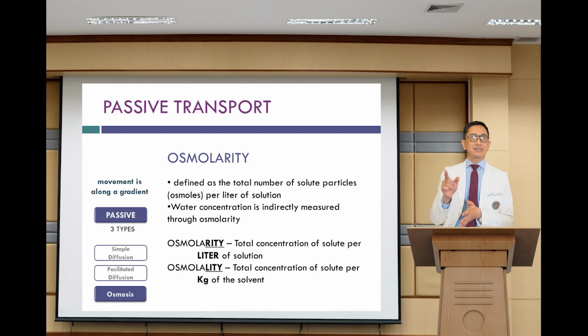Osmolality is the total concentration of solute per kilogram of solvent. So what do we use as a unit? We use osmolality because this is the one that is not affected by temperature. So in your next lectures, we're going to use osmolality rather than osmolarity.